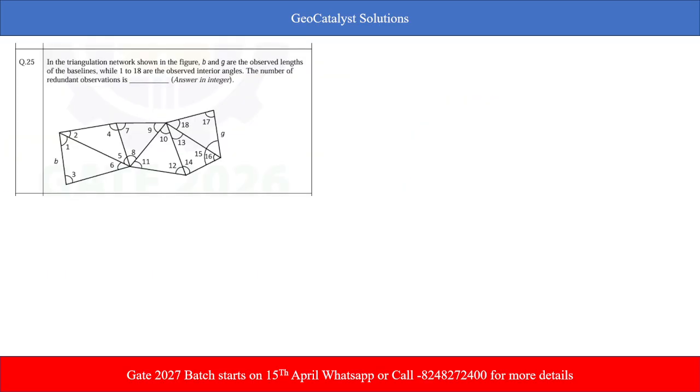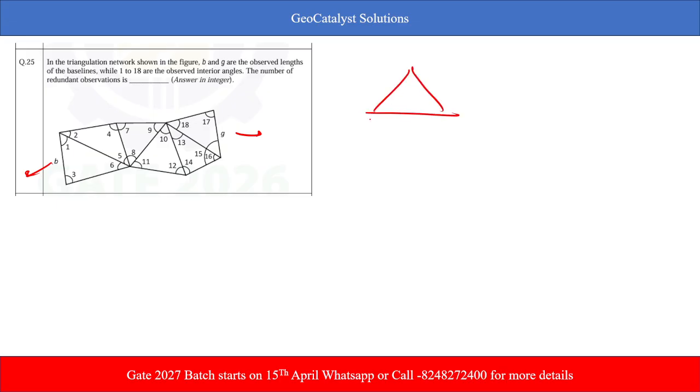Now question 25. I will not draw again; I am explaining here itself. In the triangulation network shown in the figure, B and G are the observed baselines, while 1 to 18 are observed interior angles. The number of redundant observations, meaning more observations than required, how much is it?